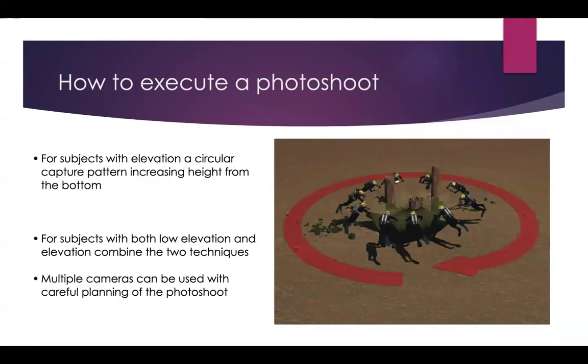For anything with elevation, you use a circular motion, and basically you spiral up, or from the top down, or from the bottom up, whichever way you want to do it, for each component. And the reality is that most of your subjects are going to have some low elevation and some high elevation. So what you're going to need to do is combine both techniques.